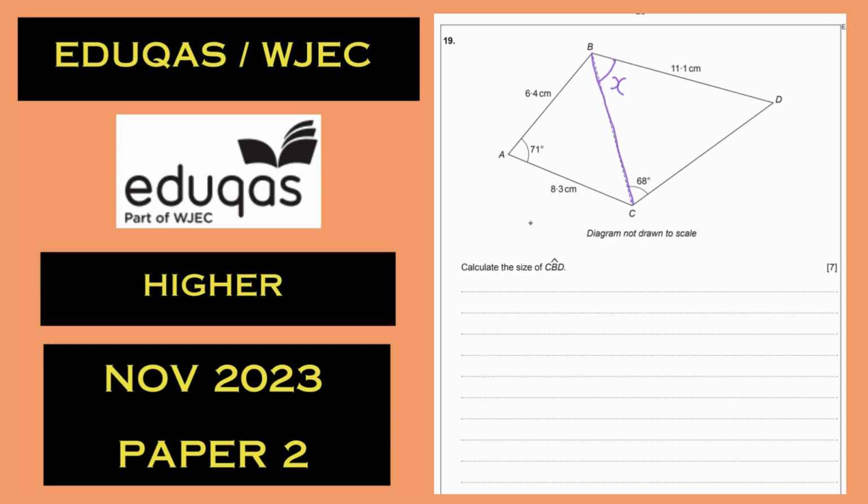We're going to need to use the first triangle. We've got 2 sides. We've got the angle between them. It's the cosine rule. Off we crack.